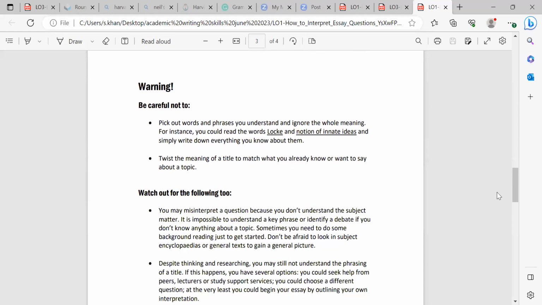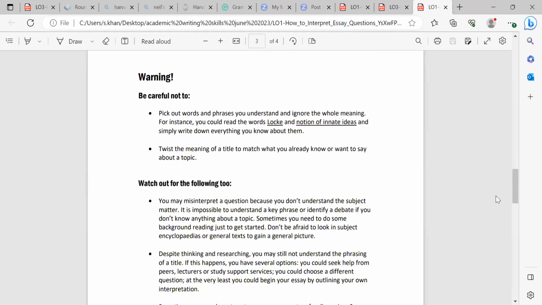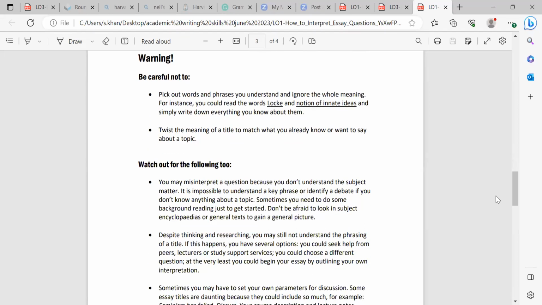Be careful not to pick out words and phrases you understand and ignore the whole meaning.